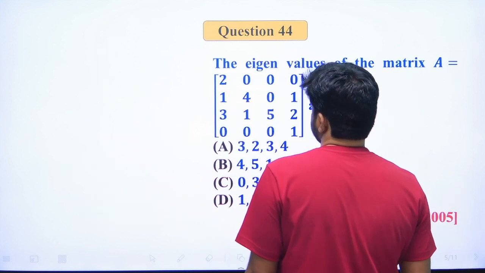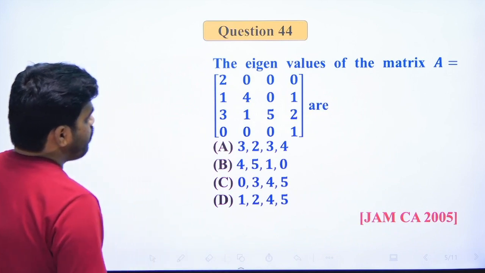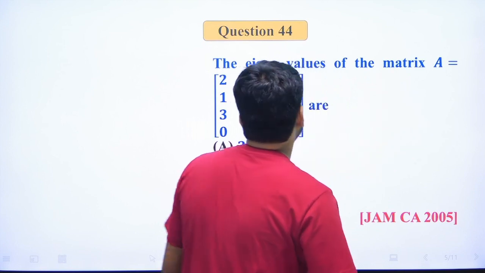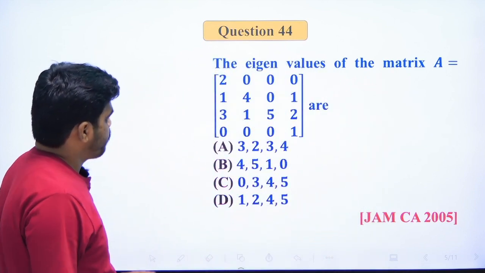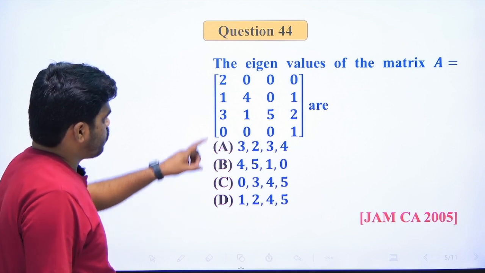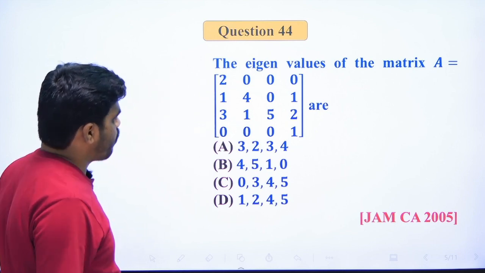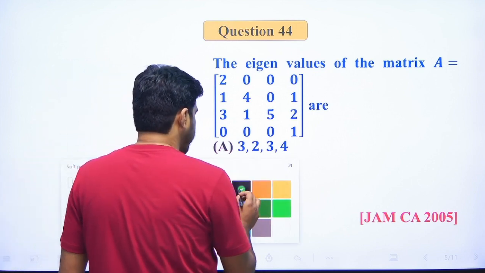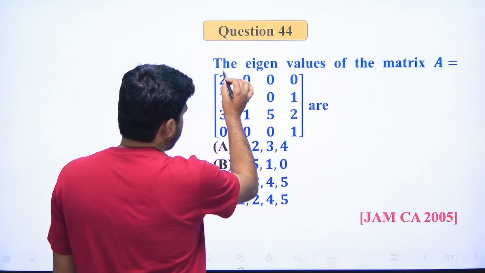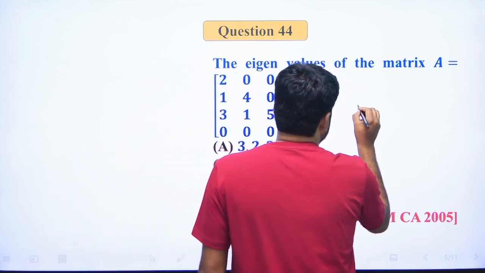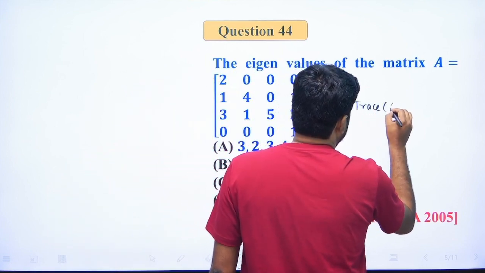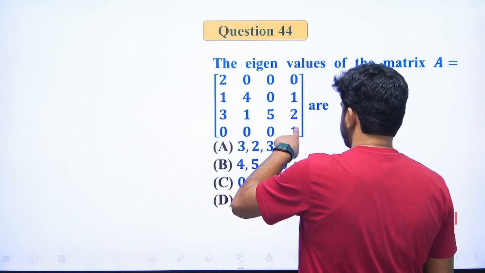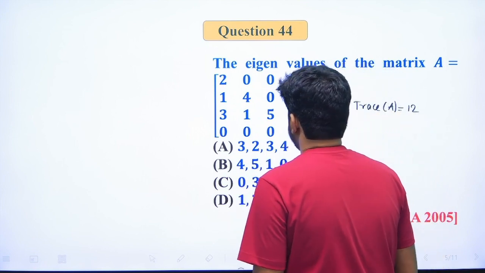So next example. The eigenvalues of the matrix A. Just apply the same concept. We know that the sum of the eigenvalues is equal to the trace of the matrix and the product of the eigenvalues is equal to the determinant of the matrix. Trace of the matrix A is the sum of the diagonal elements: 4 plus 2 is 6, 6 plus 6, that is 12, right?